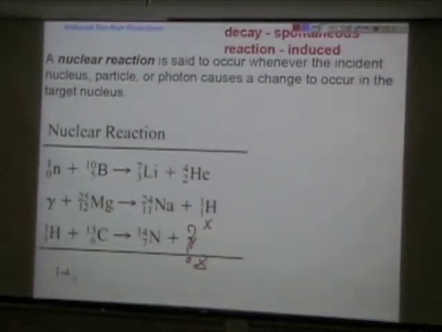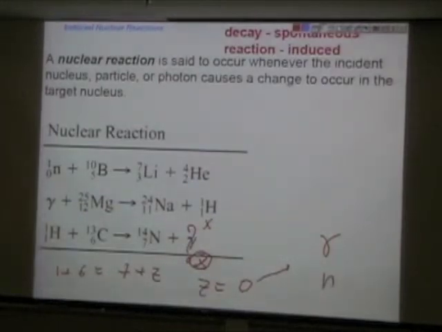So 1 plus 6 is supposed to equal 7 plus z. That will give you the value for z. In this particular example, that's 0. That means this particle doesn't have any charge. What particle doesn't have any charge? It could be a photon or a neutron. We don't talk about neutrinos, so in our problem, it's either a photon or a neutron.